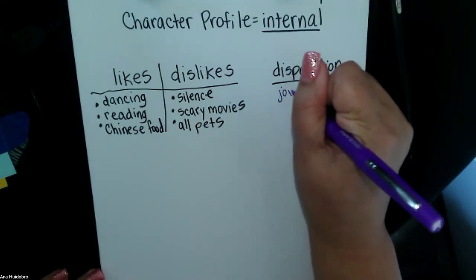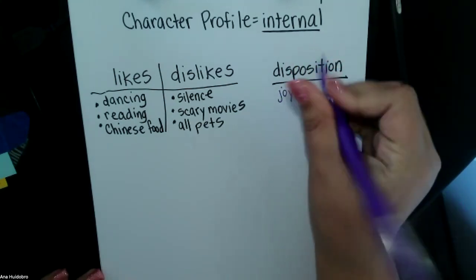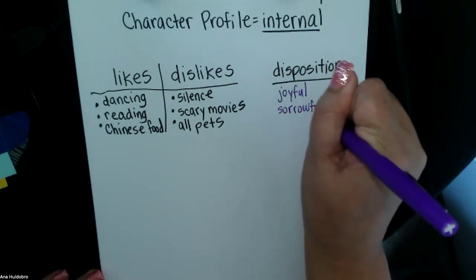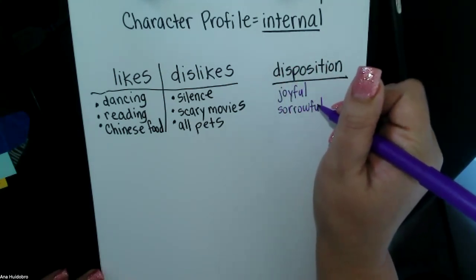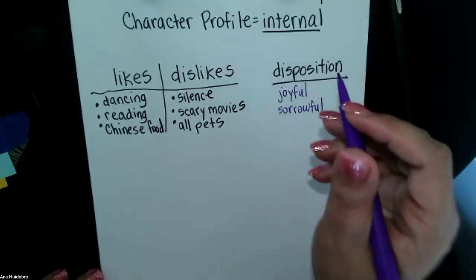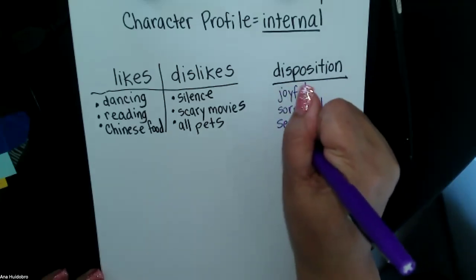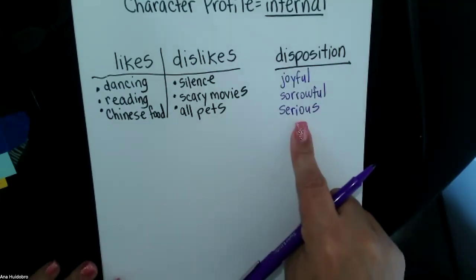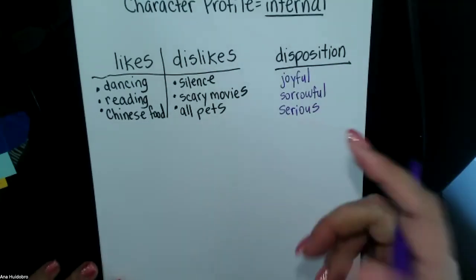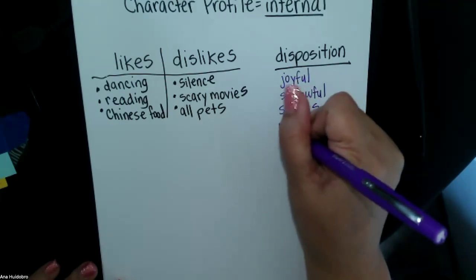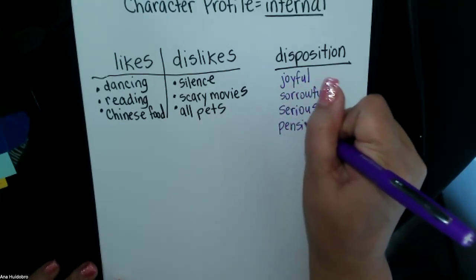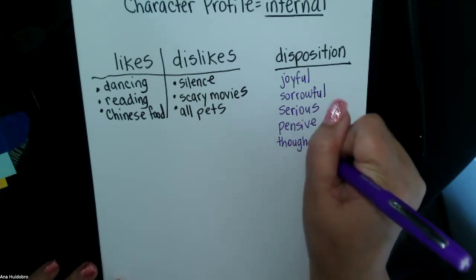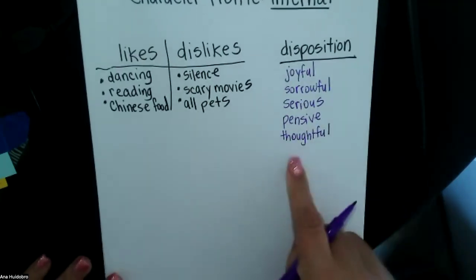So maybe a disposition could be joyful. Maybe it could be sorrowful, like Eeyore from Winnie the Pooh. Hello, yes. Kind of sad. Kind of serious, someone who doesn't smile a lot, who takes a lot of issues of the world to heart. It doesn't have to be a bad thing. Maybe they're very pensive, always thinking. Maybe they're very thoughtful, always thinking of others and analyzing things.